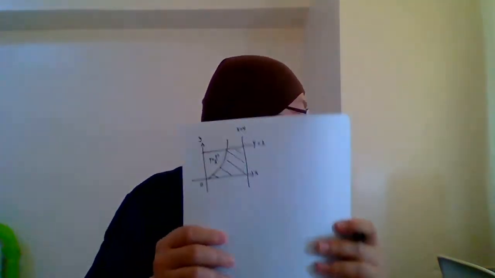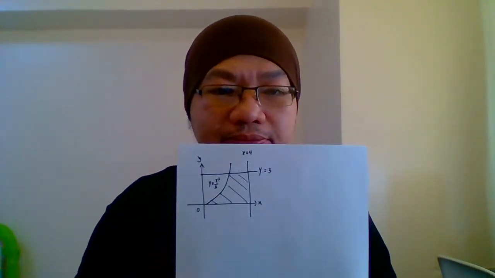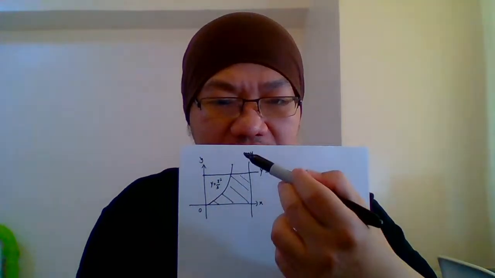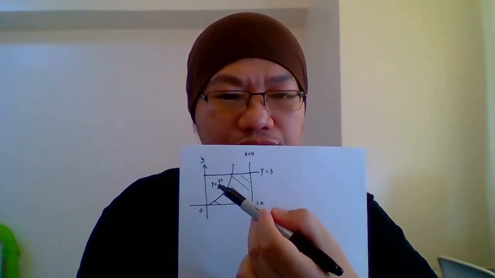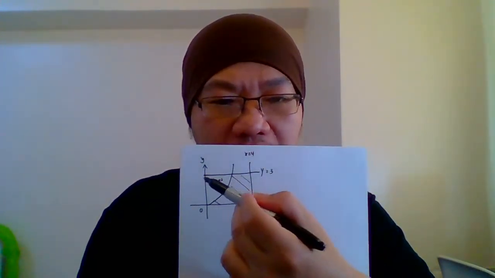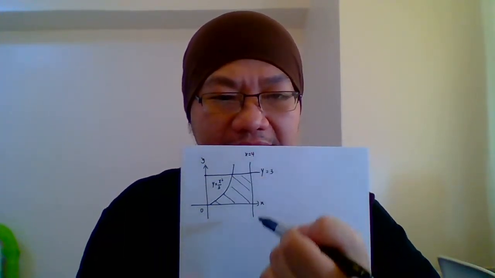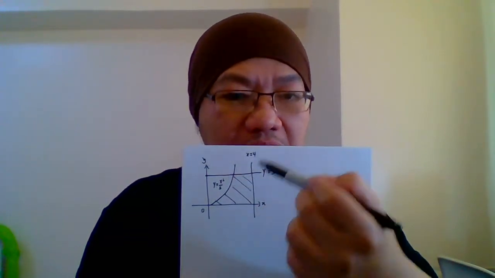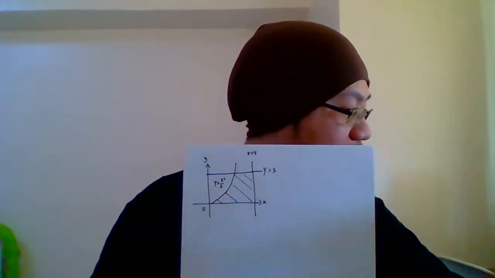This is the shaded region. Now guys, this is the question for number 1. The curve is given with the equation y equals x squared over 3. The line y equals 3 is also given, and x equals 4 is also given. These lines act as boundaries of the shaded region.